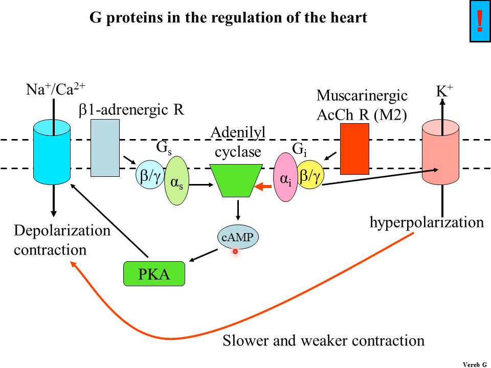So PKA catalytic subunits go back to their regulatory state, and then they won't phosphorylate channels anymore, and then phosphatases, which are always around and keep chopping off the phosphates, will turn back the regulation of this channel to normal. But that takes some time.